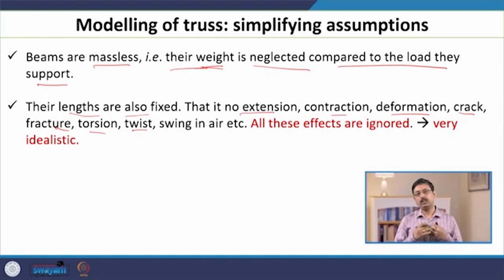All these kinds of motions are possible for real such structures, and they are important. If you really want to build such a structure, you want to consider all these important effects, but for our analysis we are going to ignore those effects to make our life simple. This is actually a very idealistic situation, but our focus is on learning the free body diagram and applying basic conditions of force and torque balance.